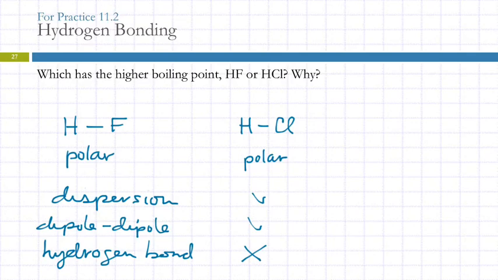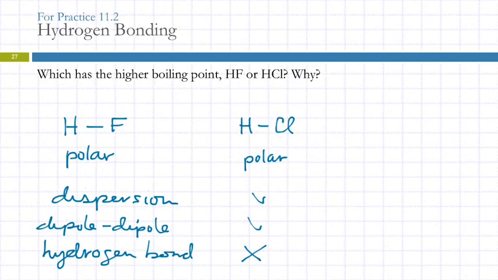So comparing boiling points or melting points, the first thing to look at is what types of forces are present. Here we've got a difference. HF has hydrogen bonding, HCl does not. This is the strongest intermolecular force, so this one's going to have a stronger attraction between molecules than this one.